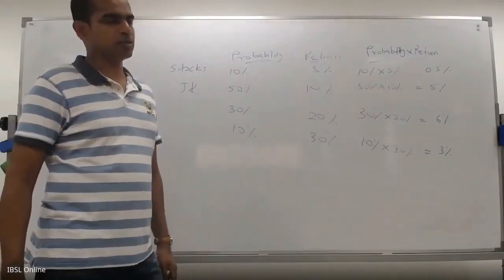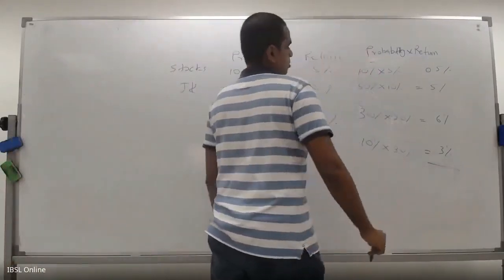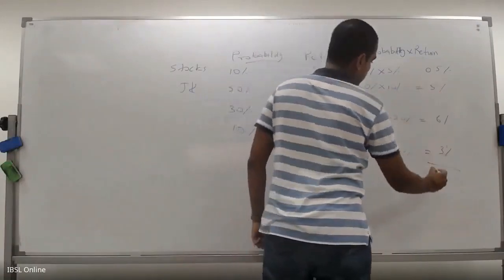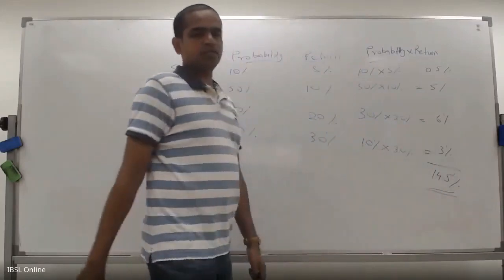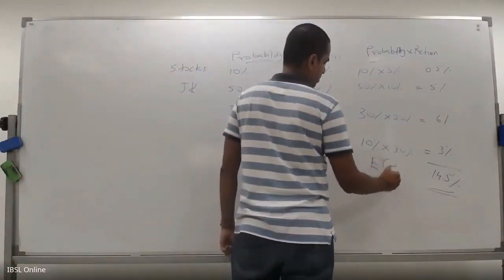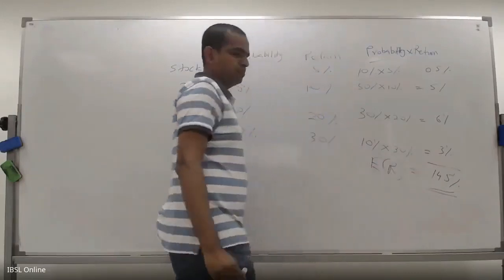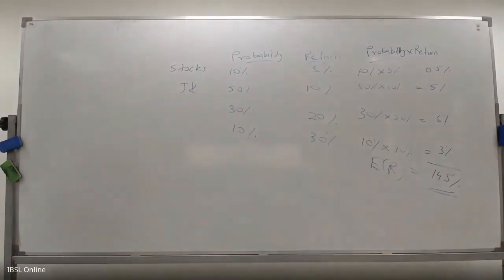That probability into return, and you need to add these up. 14.5%. That is your expected return. It is going to be 14.5%. It will give an expected return of 14.5%.